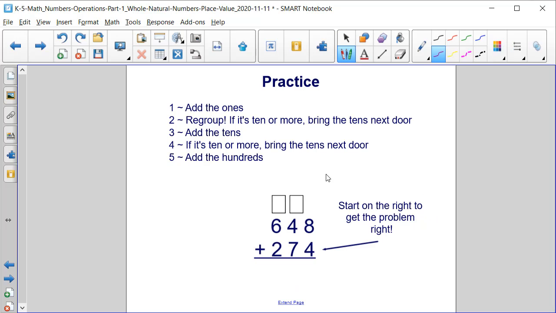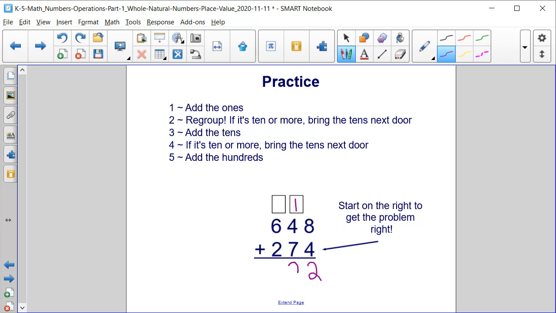Let's do another one. 648 plus 274. Start by adding the ones. 8 plus 4 is 12. So we put the 2 from 12 down in the ones column. And if it's 10 or more, bring the tens next door. So the extra 1 that represents 10 goes above this 4. 1 plus 4 is 5. 5 plus 7 is 12.